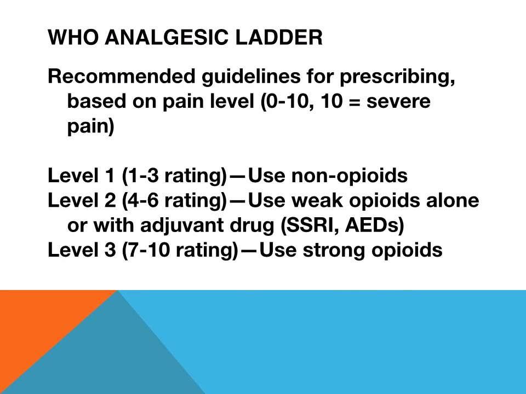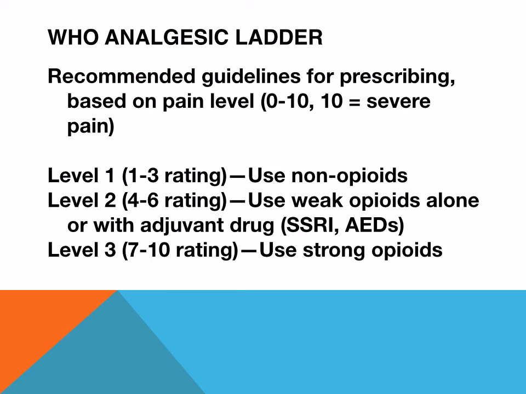There is the World Health Organization analgesic ladder. This is a standard parameter given by the World Health Organization to healthcare providers on how you should use painkillers, opioids for patients. I think this is in your book also. Level one is a 1 to 3 rating.